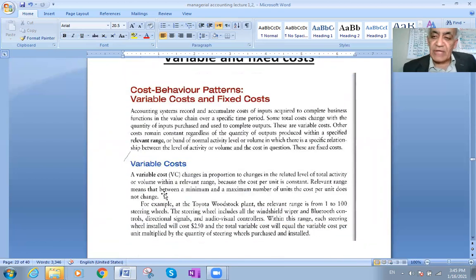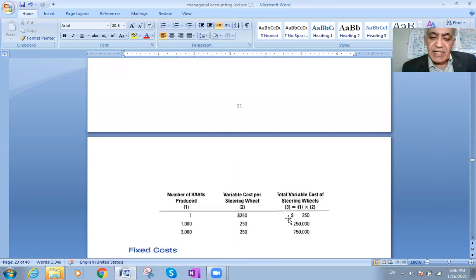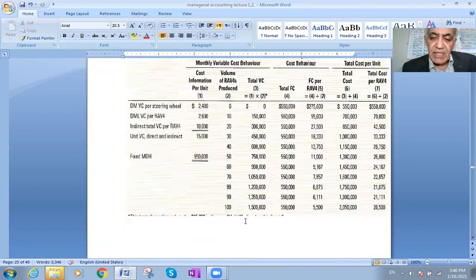Then we move on and talk about the fixed cost and the variable cost. And I will say again, fixed costs never change in the short run. They keep the same. So the fixed cost, you will complete like we did here exactly. Let me remind you here.